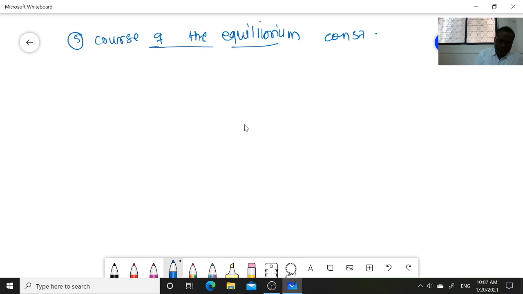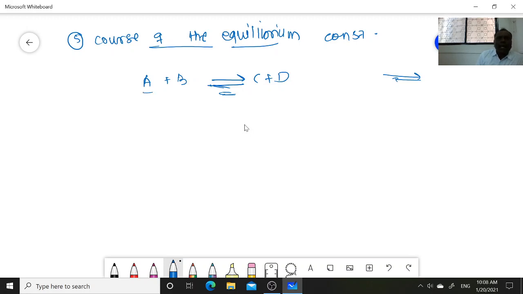Let's see. A plus B again gives C plus D. In the previous case I forgot to write the reversible arrow. Please consider that. Only a forward arrow means only one side of the reaction. It has to be a reversible arrow. Please remember that. Right. This is the reversible arrow.